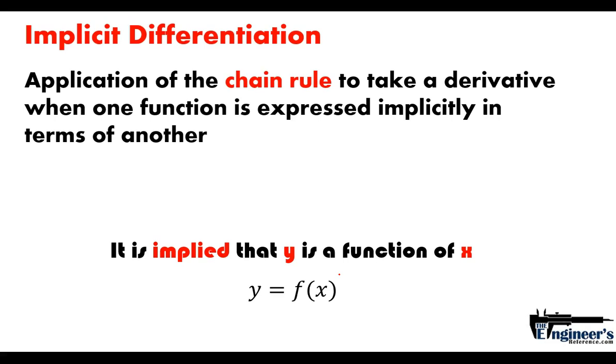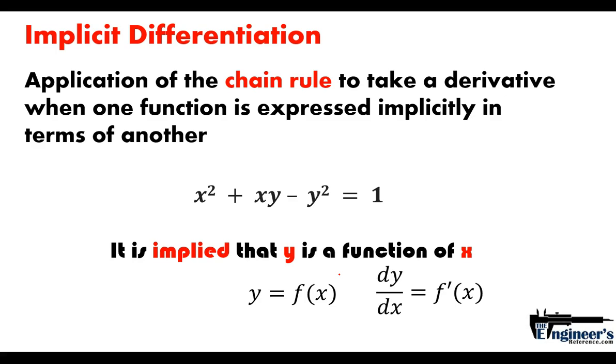If we take this definition and show you this equation, bear with me on this one, it's implied that y is a function of x in this particular equation. As we go through this equation, you'll see that when this is done implicitly, dy/dx is f prime of x, and that is where we get the chain rule.